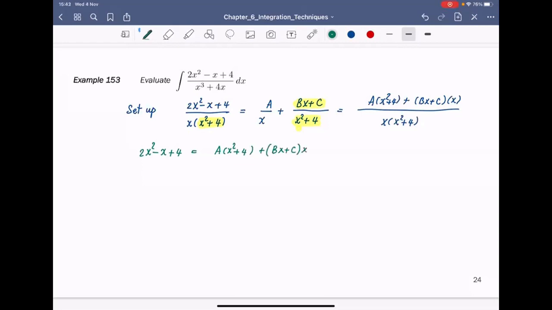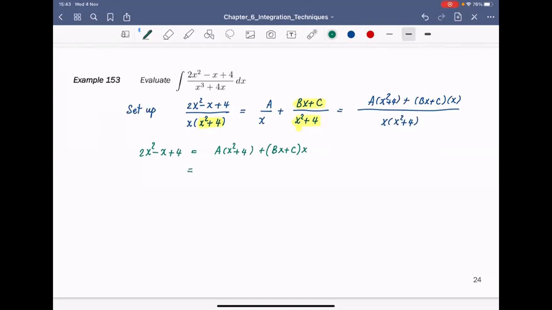All right, you have two ways to do it. You can pick any x number and solve for A, B, C, or you can compare coefficients. For this question, I'm going to show you how to do the comparing coefficient technique. I will do both ways actually. So let's practice comparing coefficients.